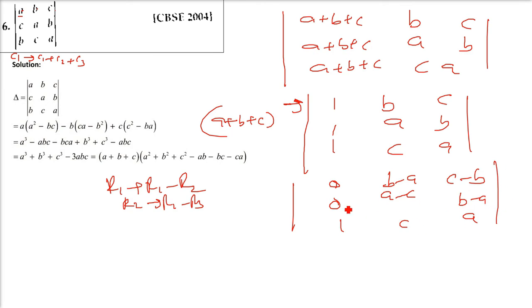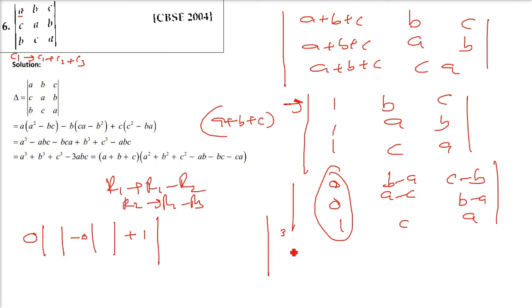Okay. Now we'll open it using the first column. 0 into something doesn't matter, because it is ultimately going to be 0. We are only concerned with 1 plus 1. What do you get? B minus a, minus c, c minus a, b minus a. Because as I said, you have to compute this one. And that is going to come as b minus a, c minus b, a minus c, and b minus a. So when you multiply this, you get b minus a whole square minus a minus c into c minus b.